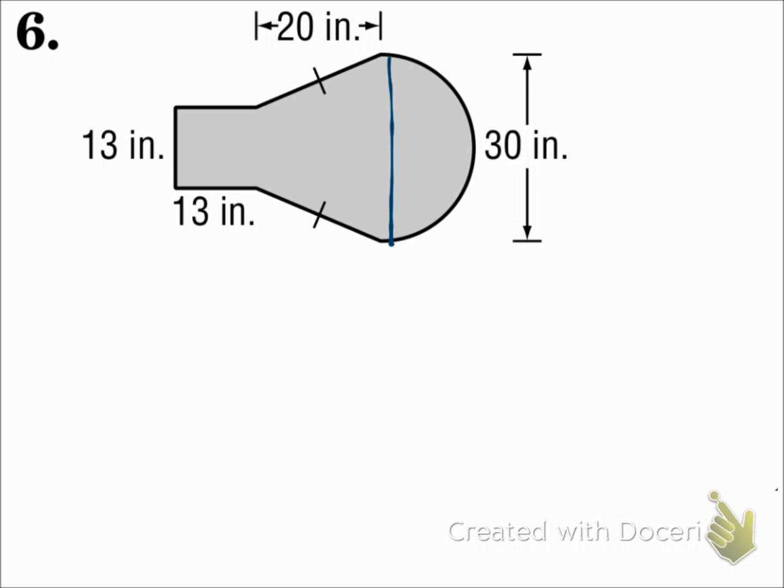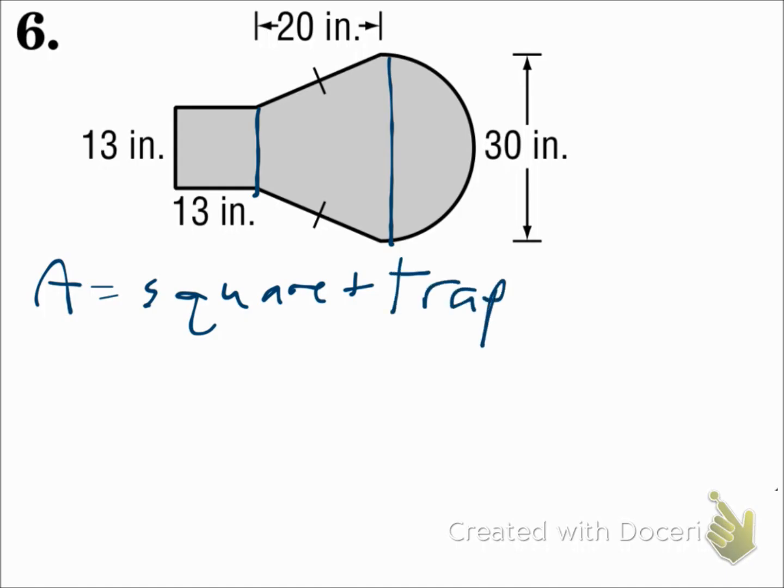And I also have a piece over on the left and a piece in the middle that I can see will be divided right there. So really what I have is a square, plus in the middle I have a trapezoid, and on the right I have a semicircle.